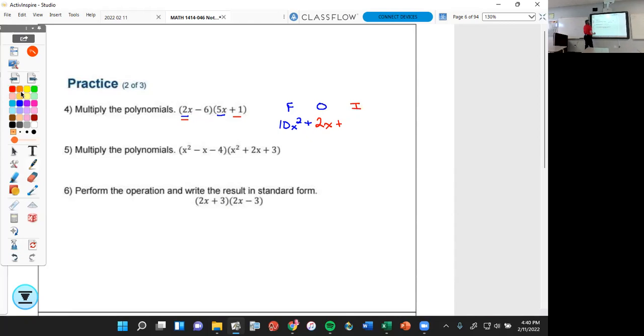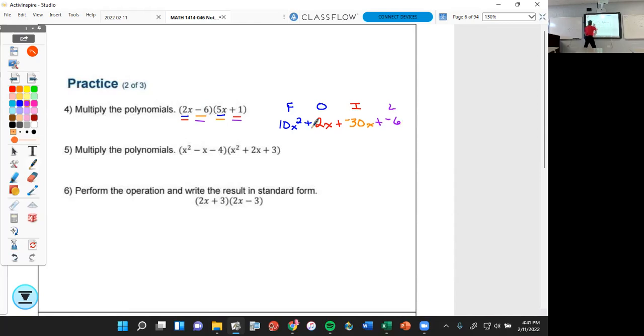inside times inside. We're talking about the terms on the inside. They're the ones closest to each other. We have a -6 and a 5x. -6 times 5 is -30. And there's an x. And finally, we have L, last times last. Last times last, -6 times 1 is -6.